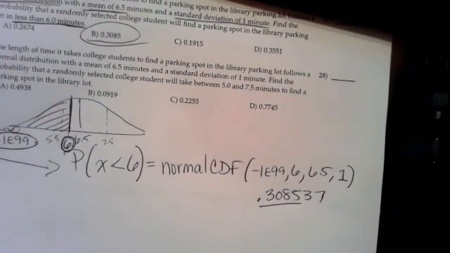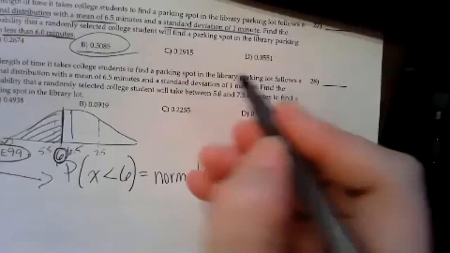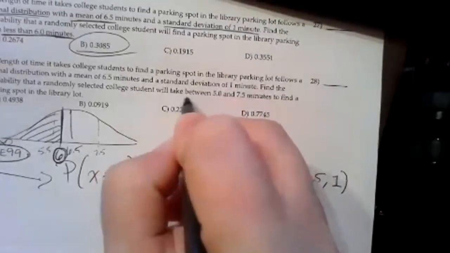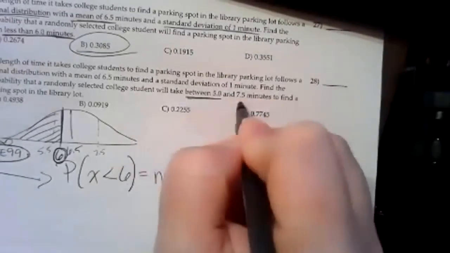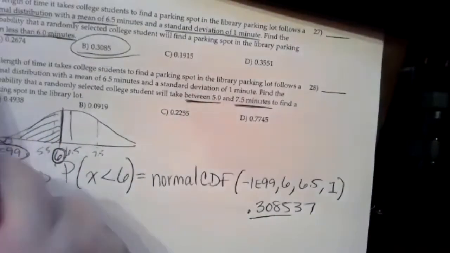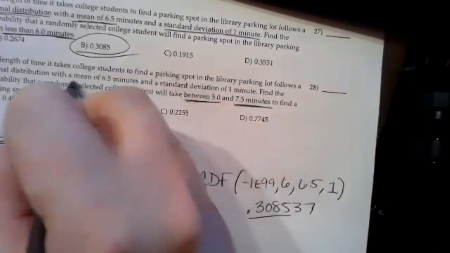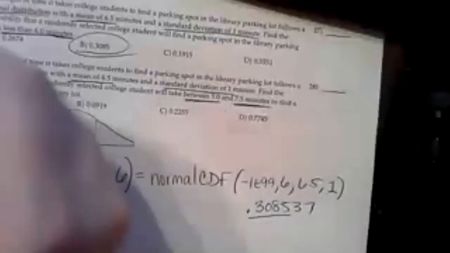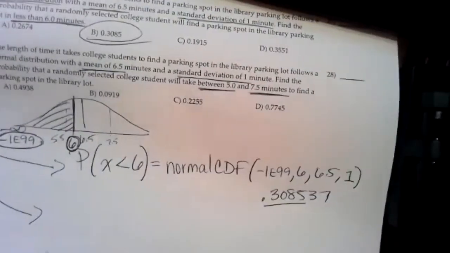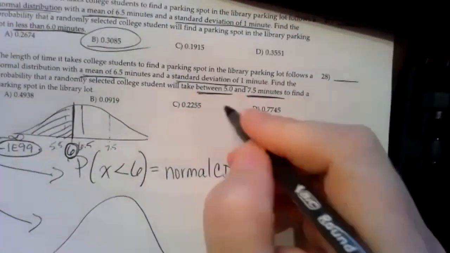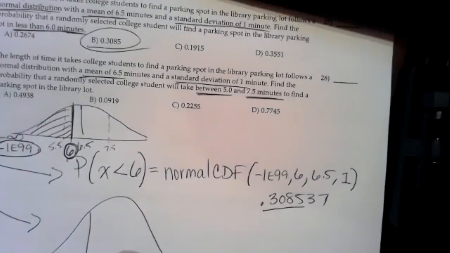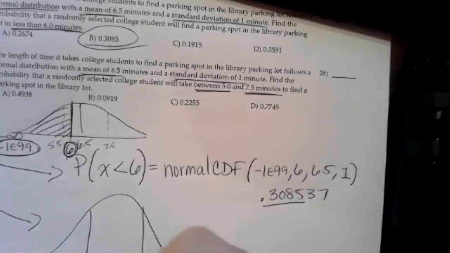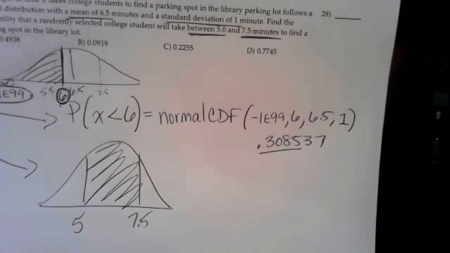Now the difference in number 28 is that it's asking for between two values. We have a mean of 6.5 and a standard deviation of 1 still. So the biggest difference is the setup for 28: on my curve, here's a 5 and here's a 7.5, and I want the area in between them, okay?